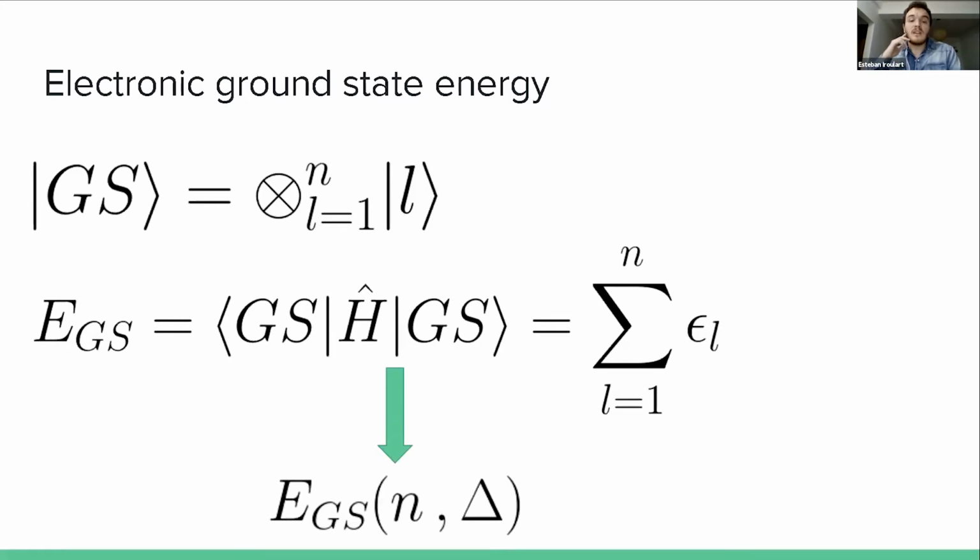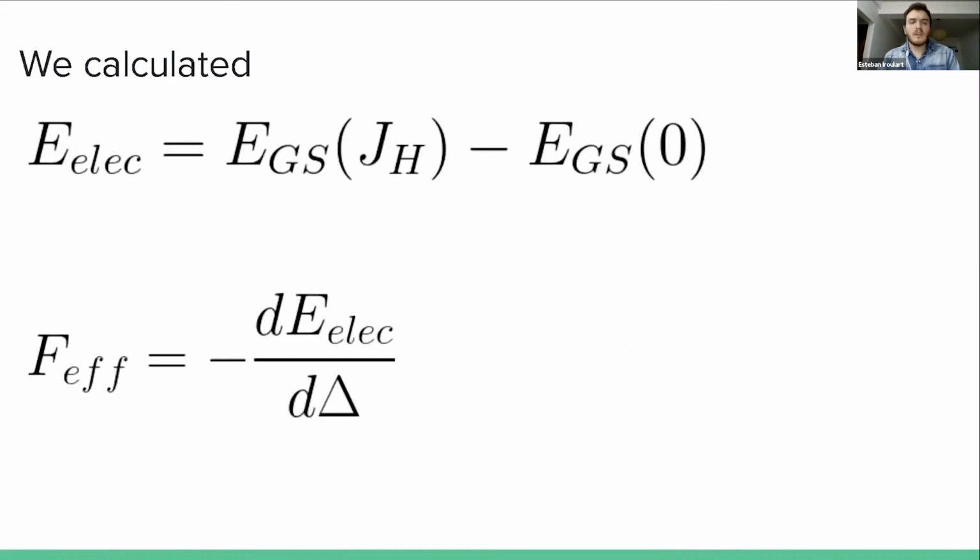So we end up characterizing the electronic ground state energy as a function of both the electronic filling n and the distance between skyrmions, delta. In order to comprehend the effect of Hund coupling, we subtracted the energy without any coupling, I mean with J equal to 0, which can be calculated exactly. Then we also calculate an effective force as a derivative of this electronic energy with respect to the variable delta.